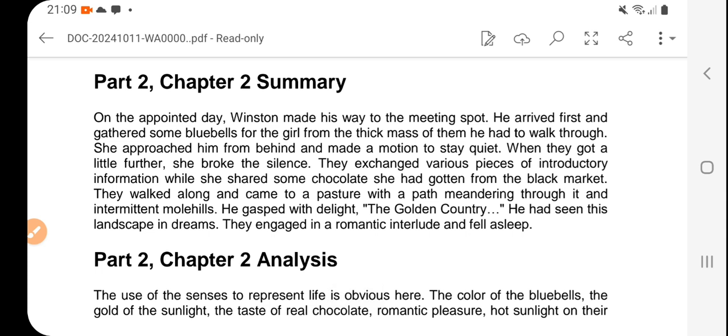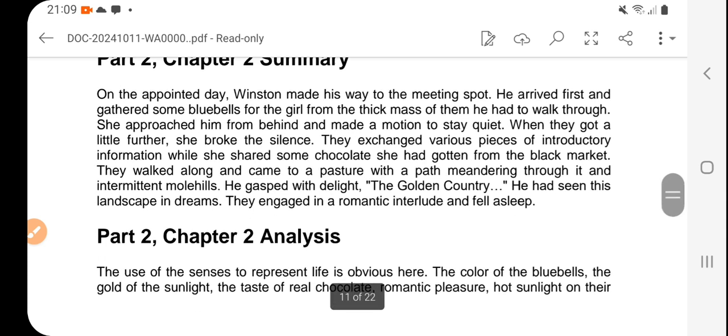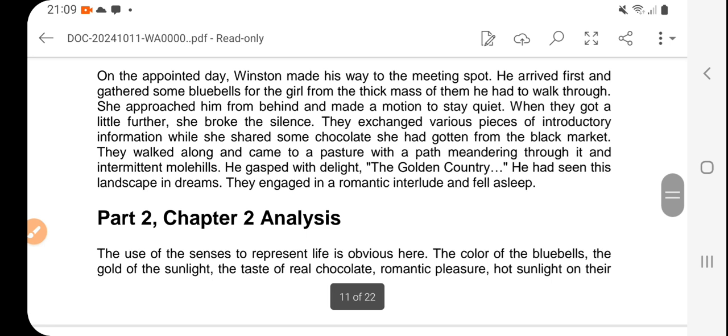Now, in chapter 2, on the appointed day Winston made his way to the meeting spot. He arrived first and gathered some bluebells for the girl from the thick mass of them he had to walk through.